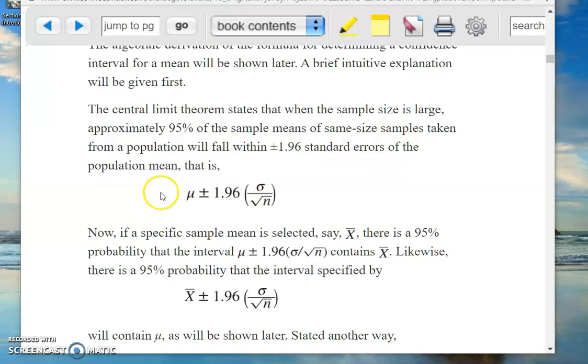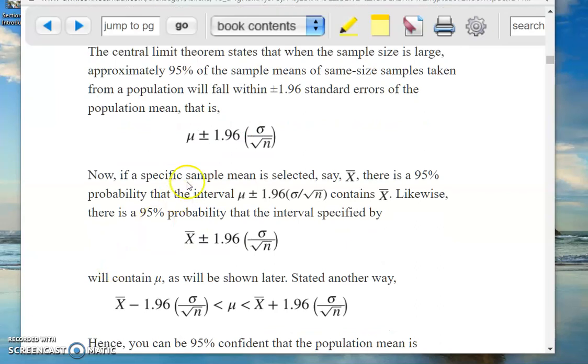And those are the words. Here's the mathematical symbols. What it's saying is that mu plus or minus 1.96 times this is an interval that will give you 95% of the X bars.